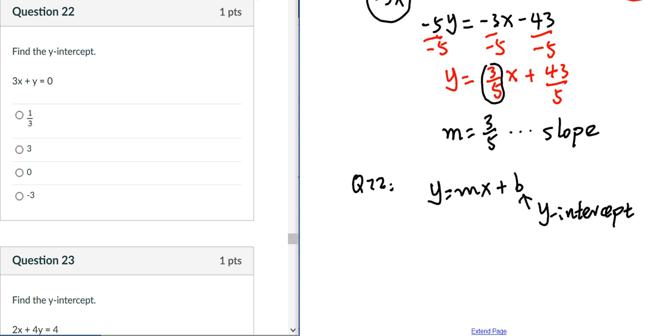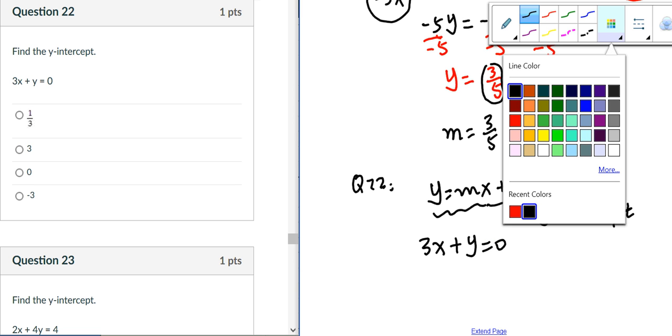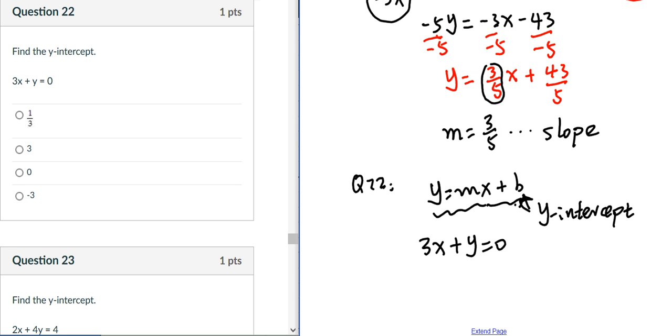You just change the equation to this form, and by some algebra, you can find out the y-intercept by looking at the algebraic form. Now, we have 3x plus y is 0. Again, we want to isolate y. Well, this one is even easier.